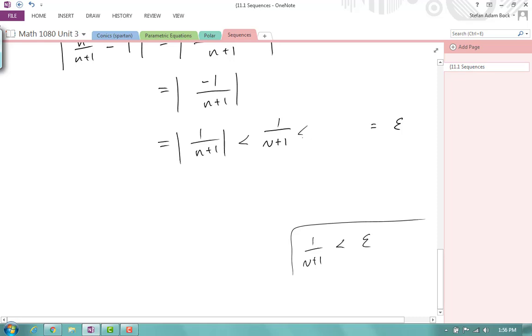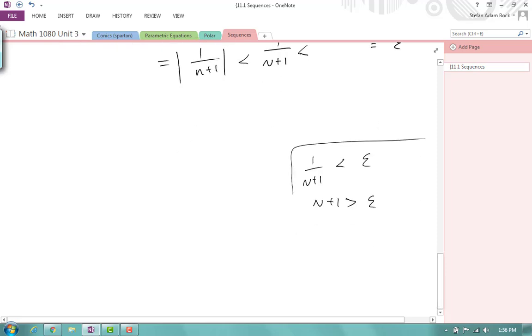maybe they won't be equal depending on what I choose. That means that big N plus 1 should be larger than epsilon. No. Silly. 1 over epsilon. Big N plus 1 would have to be larger than 1 over epsilon.